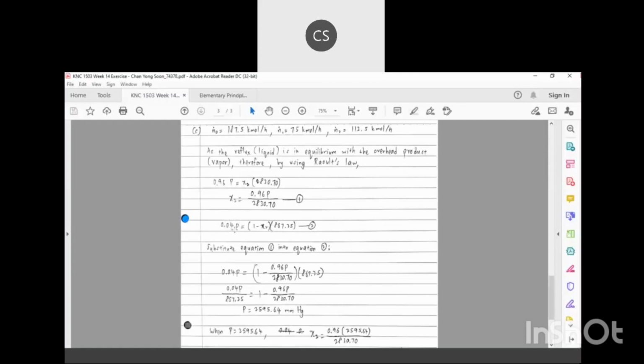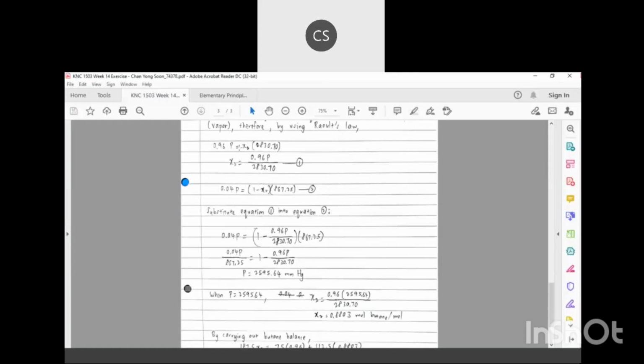For this one, 0.04 times P, which is the operating pressure, and then I multiply it by 1 minus S2, which is the mole fraction of the pentane in the liquid phase one, and then times the vapor pressure of the pure pentane.